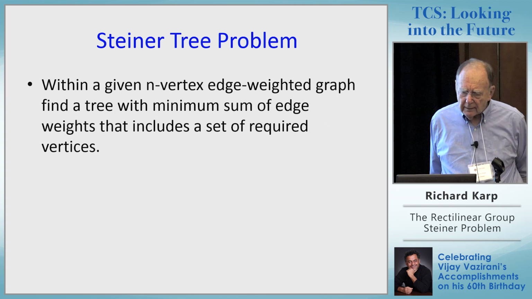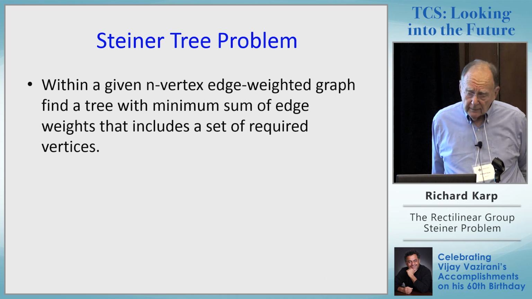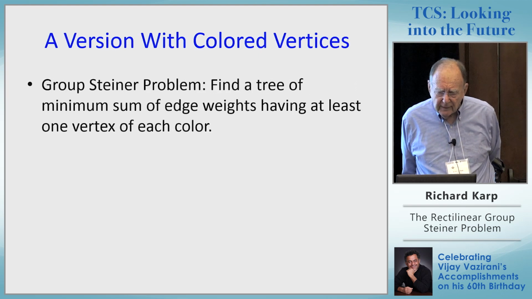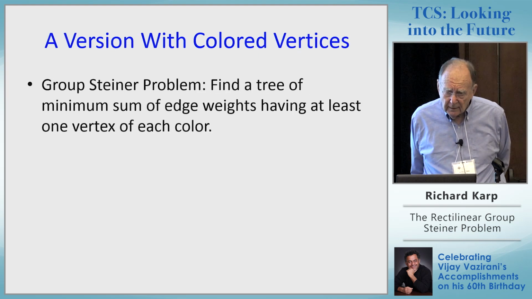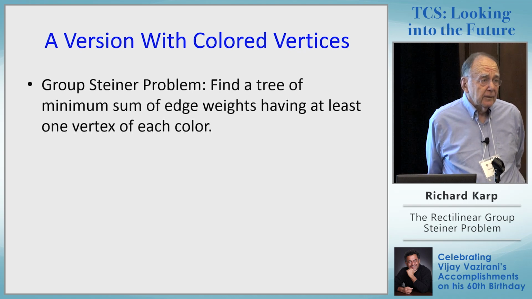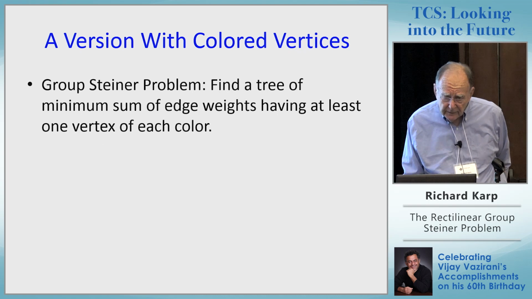Now each vertex of the graph carries a color, and you're required to find a tree of minimum sum of edge weights. But now, instead of having required vertices, you only have to include within the tree at least one vertex of each color.